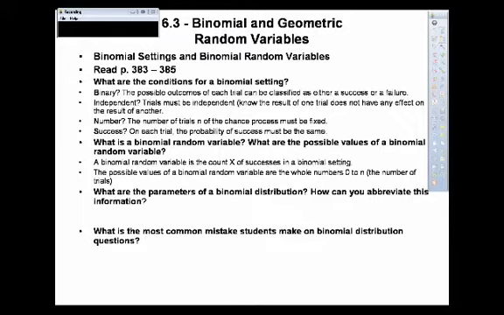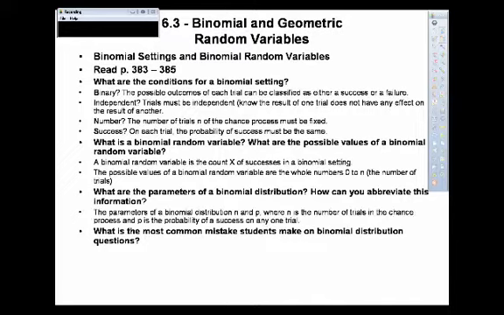What are the parameters of a binomial distribution? How can we abbreviate this information? The parameters of a binomial distribution are n and p, where n is the number of trials in the chance process, and p is the probability of success on any one trial.